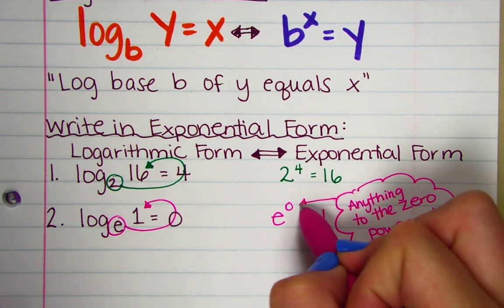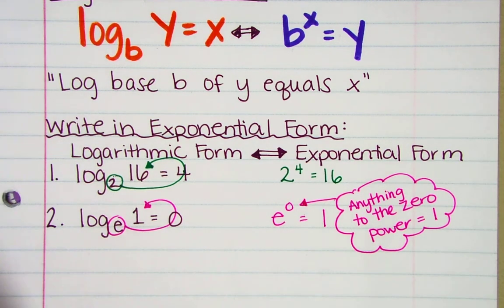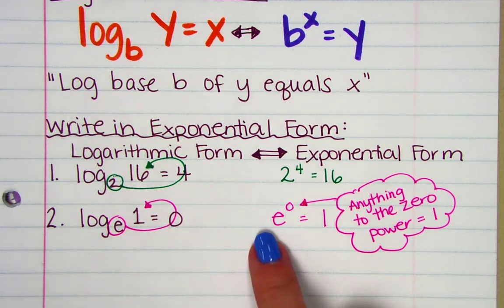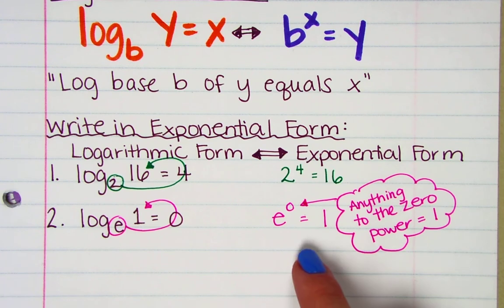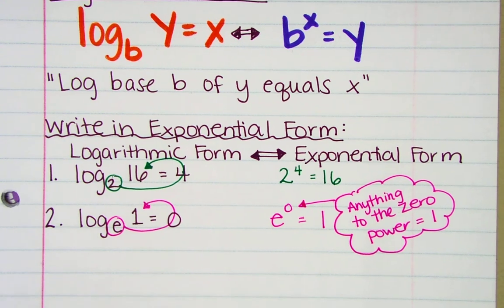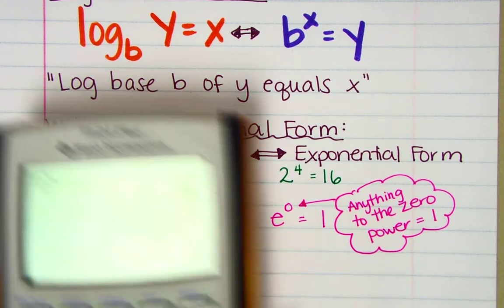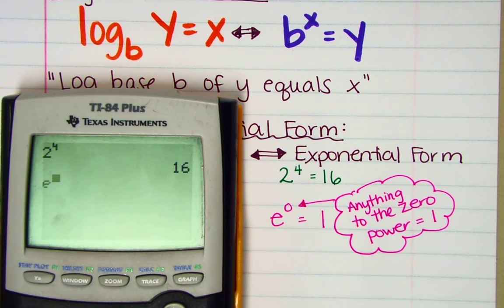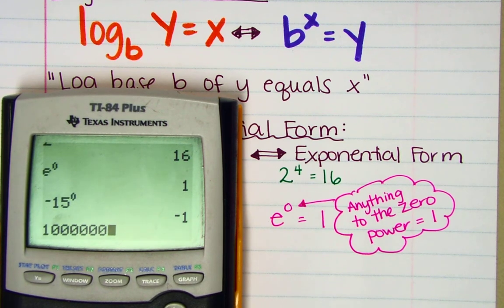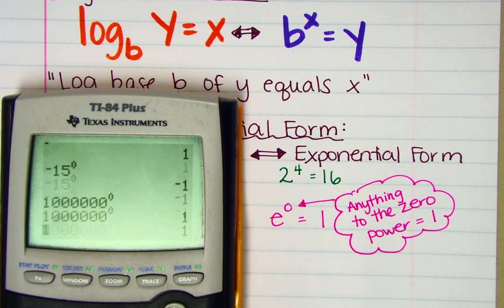So if you're getting something weird and you can't figure out what it is, it's probably because it's equal to 1. Anytime the y is 1, that means that the x has to be 0. You can check that in your calculator. e to the 0, 1. Negative 15 to the 0 power, 1. A million to the 0 power, 1.